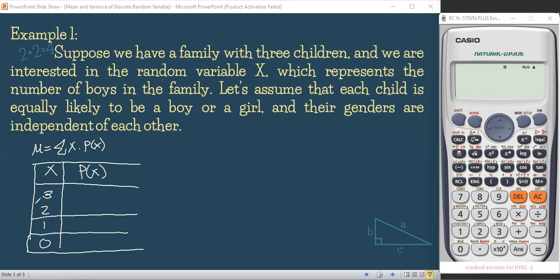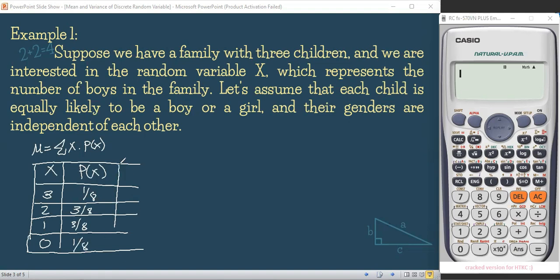And the p of x, kung hindi nyo po maalala, you can view the video that we have in our playlist. So for 3, we only have 1/8. For 2, we have 3/8. Ganon din po kay 1, we have 3/8 also. At kay 0, we have 1/8.